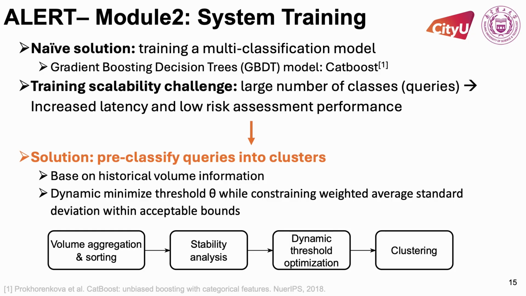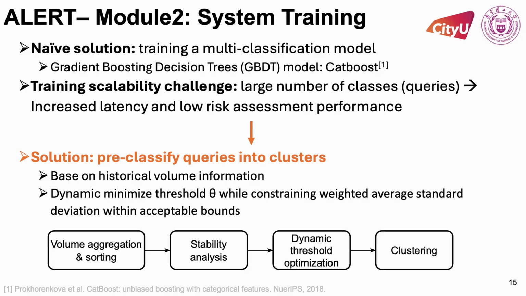We need to note that the dynamic clustering mechanism is not always necessary in the risk assessment process. It serves as an extension of ALERT, and it is utilized when the targeted database contains a sheer quantity of classes.